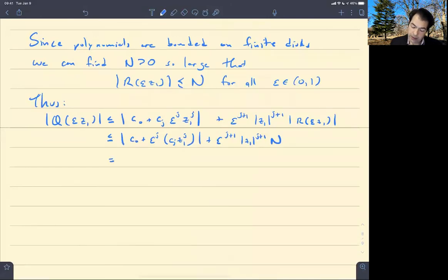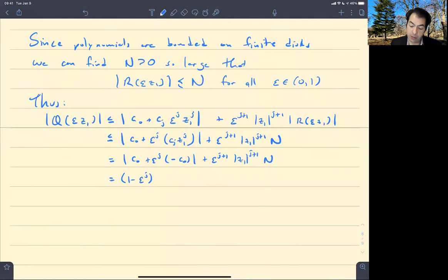Now I can rewrite this as, so Cj times C1 to the j is minus C naught, and this will be unchanged. And then notice here, I can write this as 1 minus epsilon to the j.